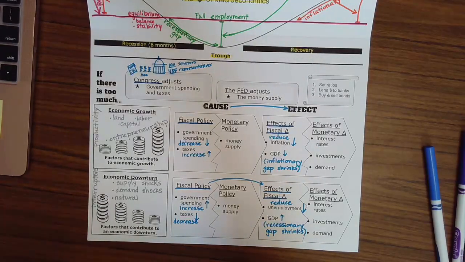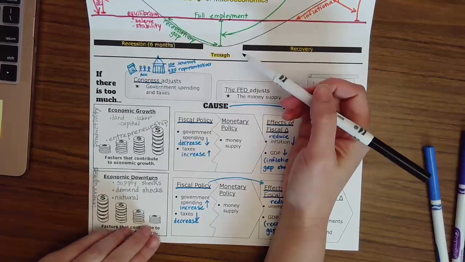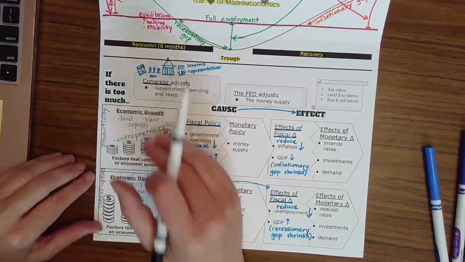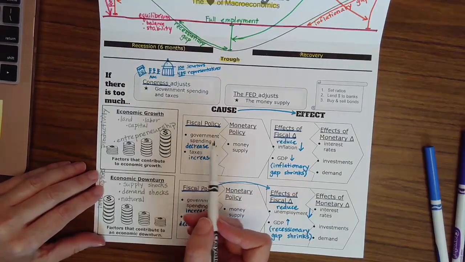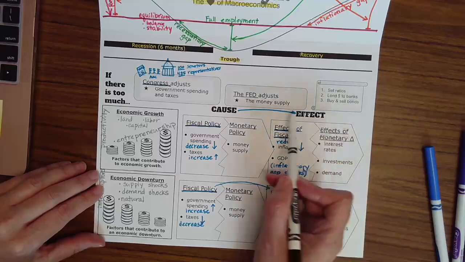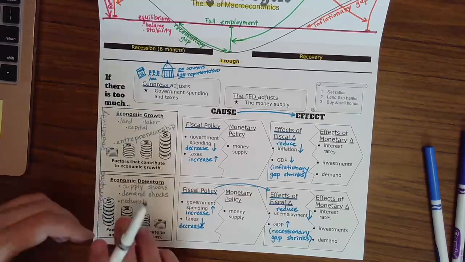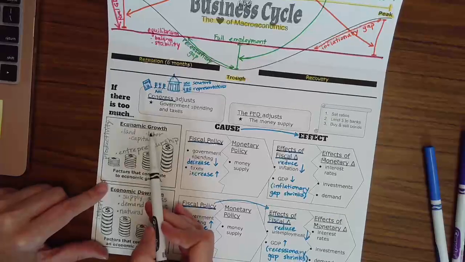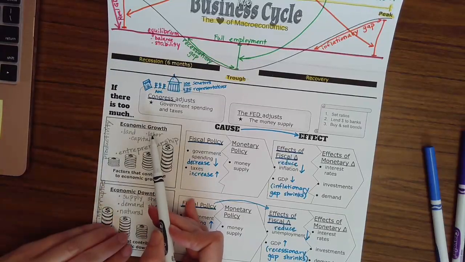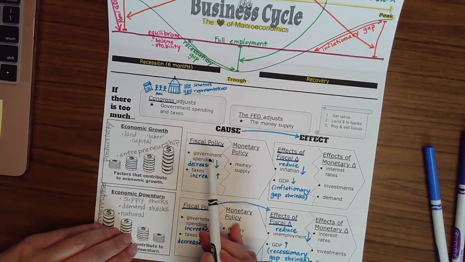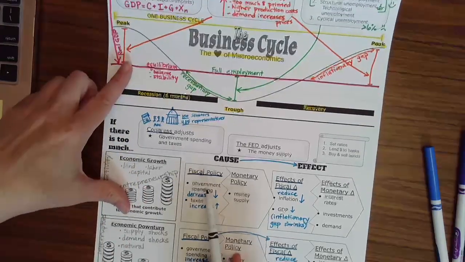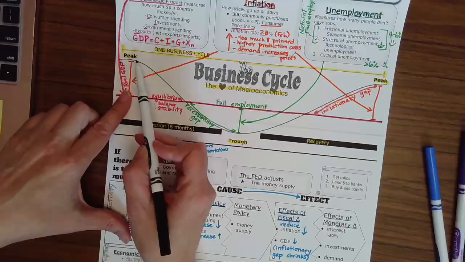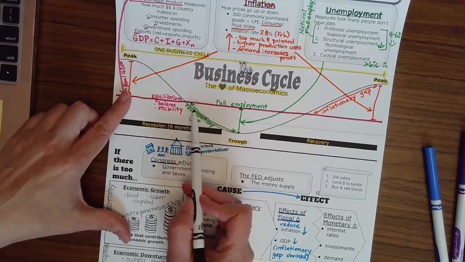One thing that I did want to mention about this piece is that if we have too much economic growth, basically what we need to do is go from this peak that we're at and come back to the equilibrium point.